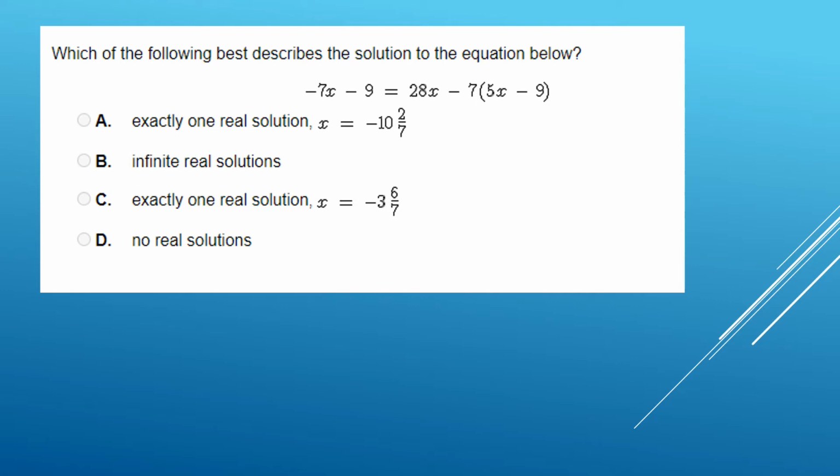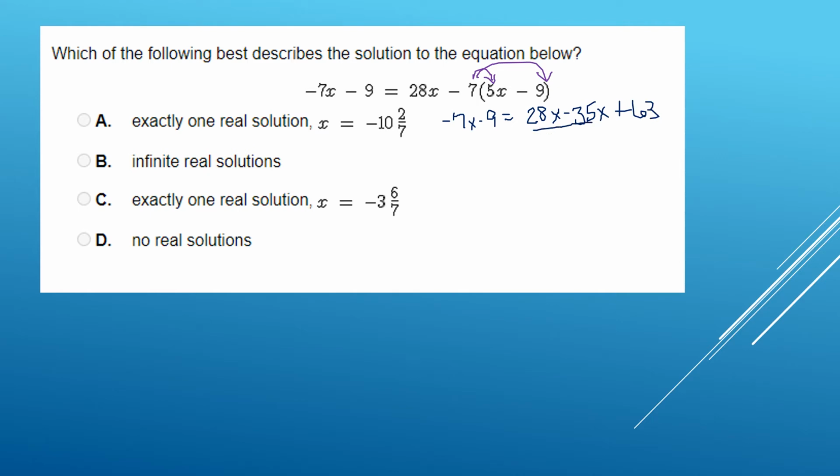Which of the following describes the solution to the equation below? So the first thing I see is that we need to spread out this 7. Okay, so I'm going to rewrite it. Negative 7x minus 9 equals 28x. 7 times 5 is 35x, and negative 7 times negative 9 is positive 63.